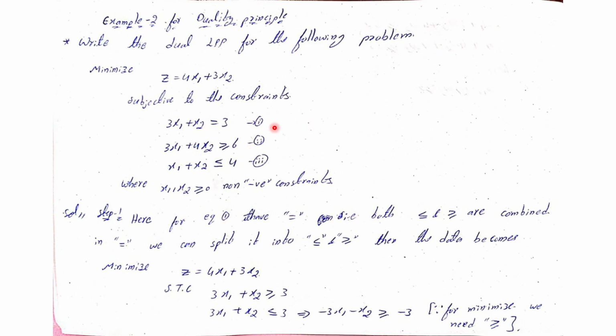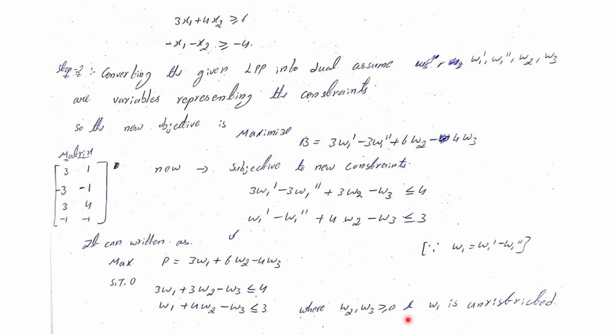Here it comes from the right hand side values, which are 3 into w1 dash, minus 3 into w1 double dash, 6 into w2, and minus 4 into w3. From this we get the new objective function for maximization, and the new constraints are the transpose of the coefficients of the old equations.